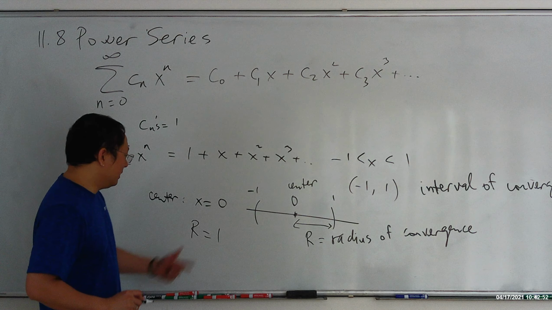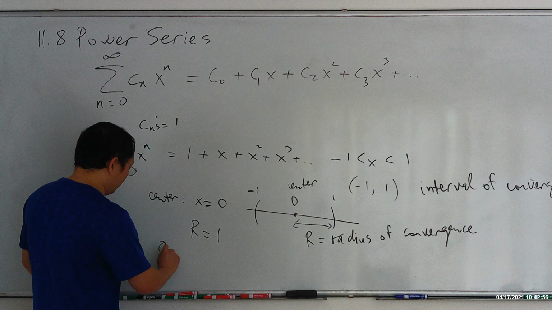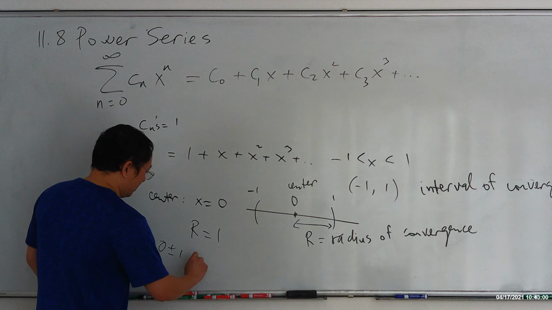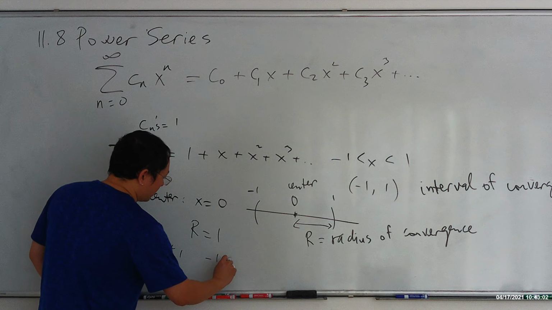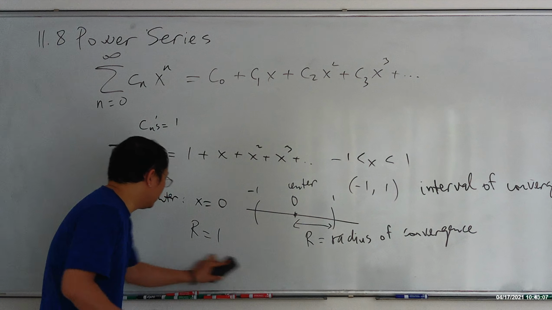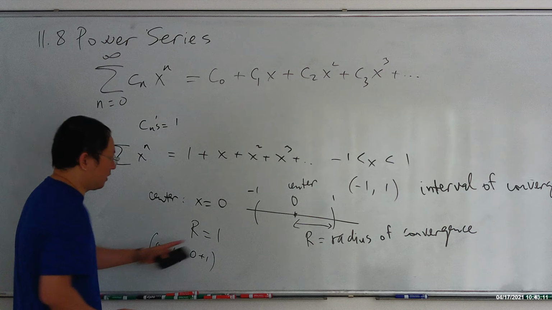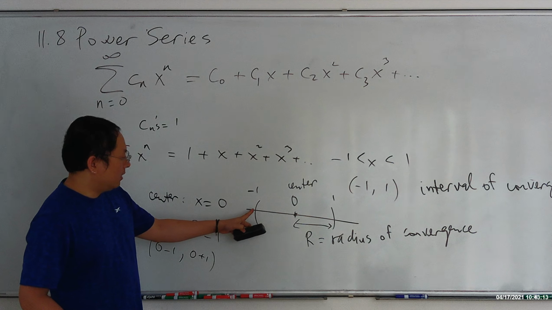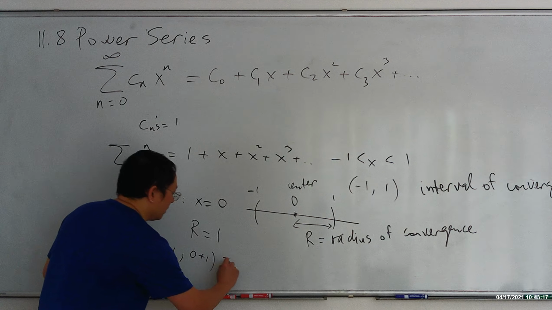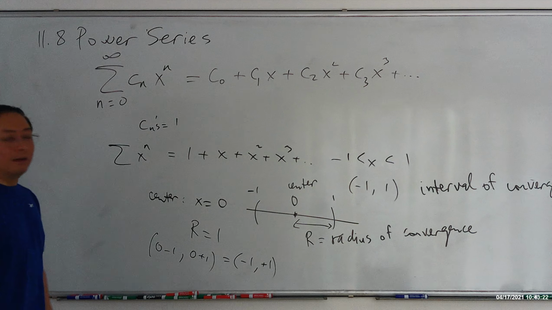The interval of convergence will be 0 minus 1 all the way to 0 plus 1. Start from the center, move 1 unit to the left and 1 unit to the right, and you have the interval of convergence, which is -1 to +1.